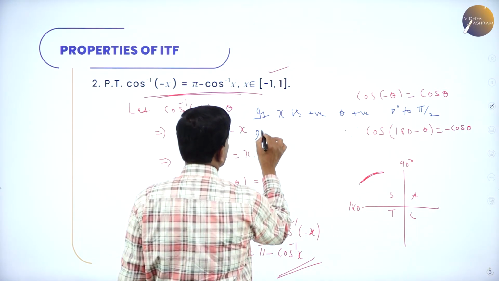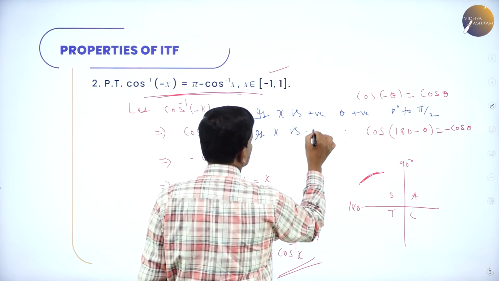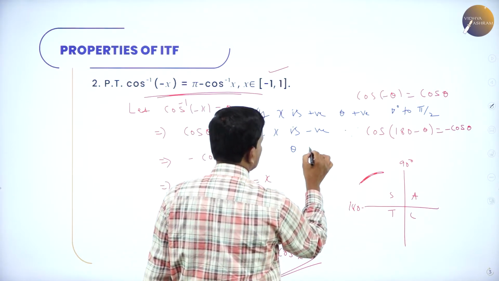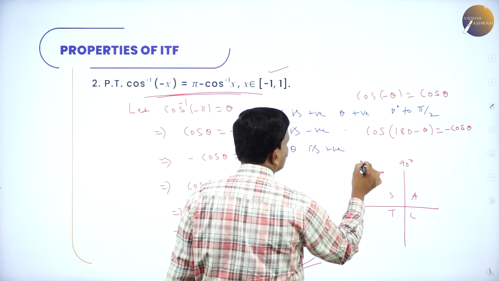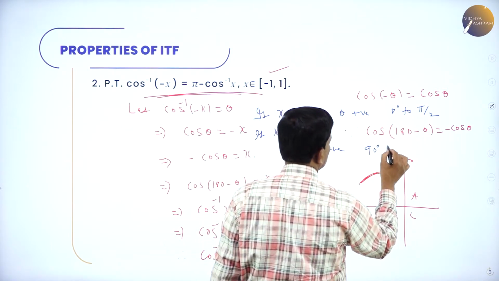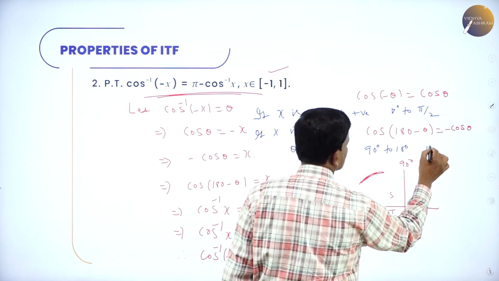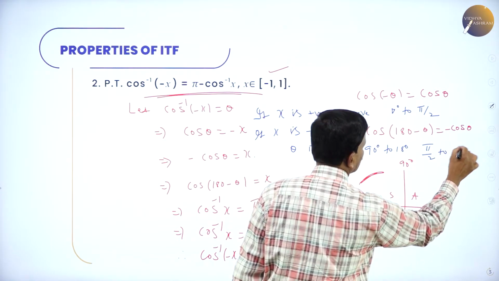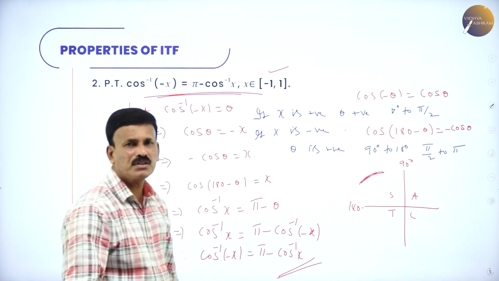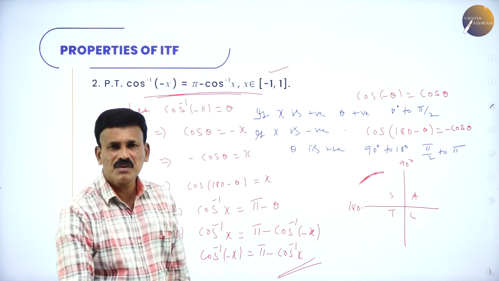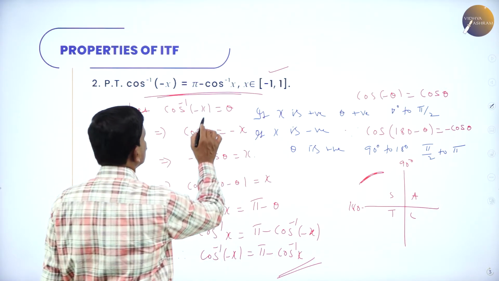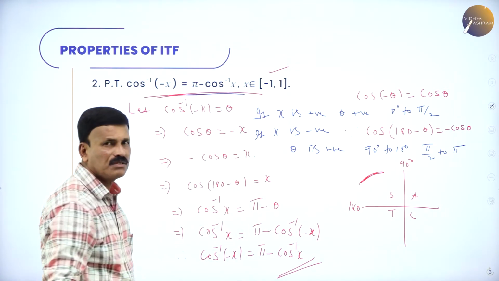If x is negative, theta lies between 90 to 180, that is pi by 2 to pi. That is why, when x is negative, we are going to use pi minus cos inverse x.